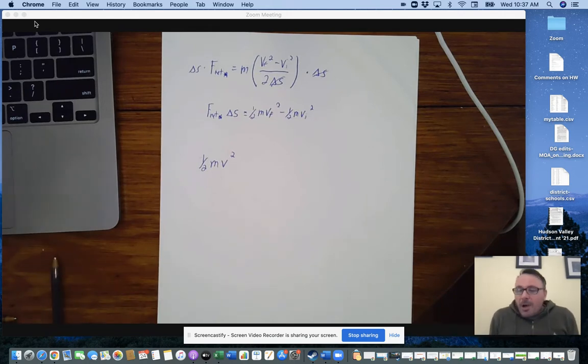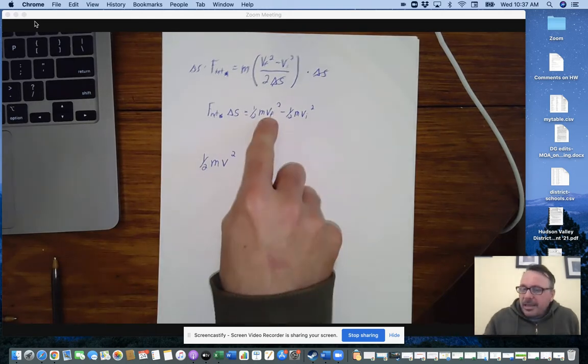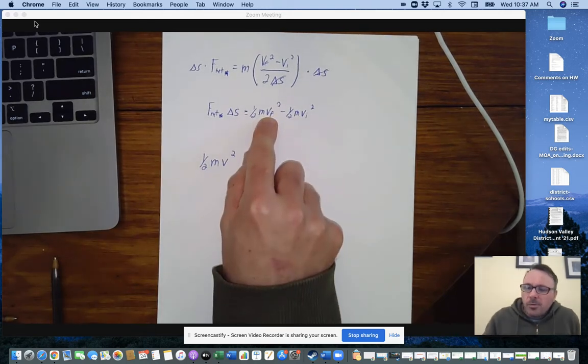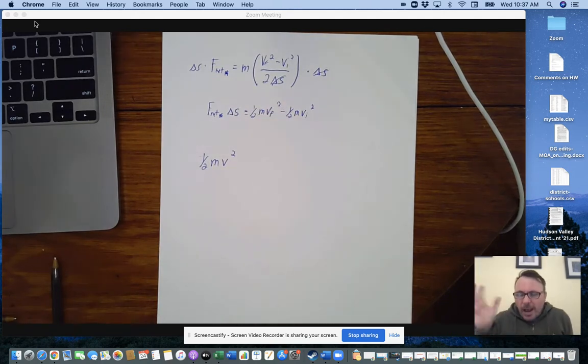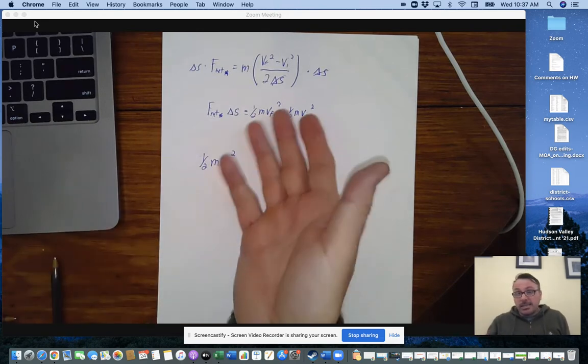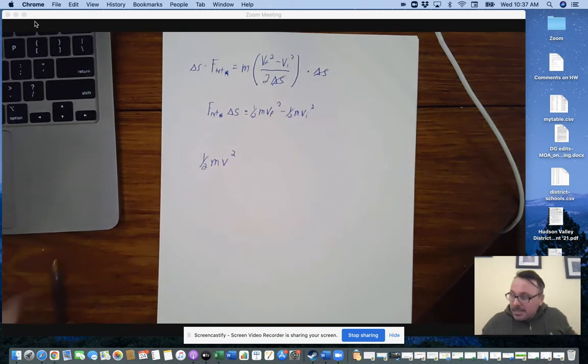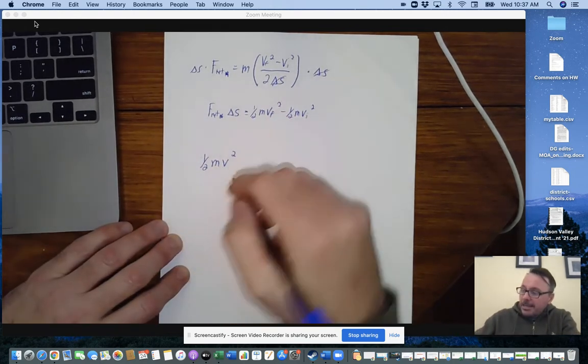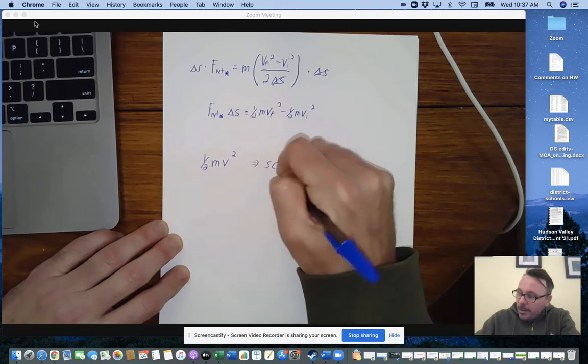I know velocity is a vector, but I'm squaring it here. If I had positives or negatives, that sign would go away. Any indication of the direction is obliterated by that squaring process. That means that this term is a scalar quantity.